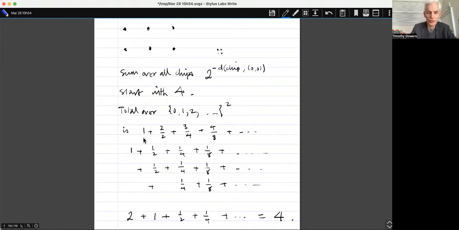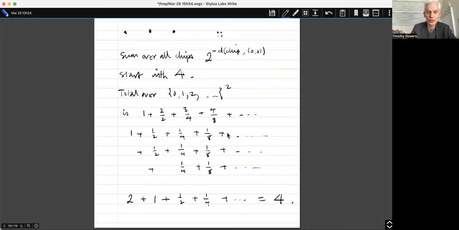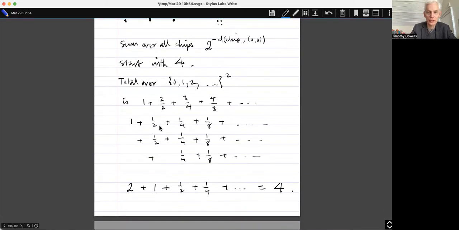So there's one thing at distance 0, 2 things at distance 1, 3 things at distance 2, so I've divided by 2 to the 2, 4 things at distance 3, so I divided by 2 to the 3, and so on. You can rearrange this sum. This is called partial summation, what I'm doing here, and that makes it 1 plus 2 over 2 plus 3 over 4 plus 4 over 8, and so on. And when you add all these up, you get 2 plus 1 plus a half, which is 4.